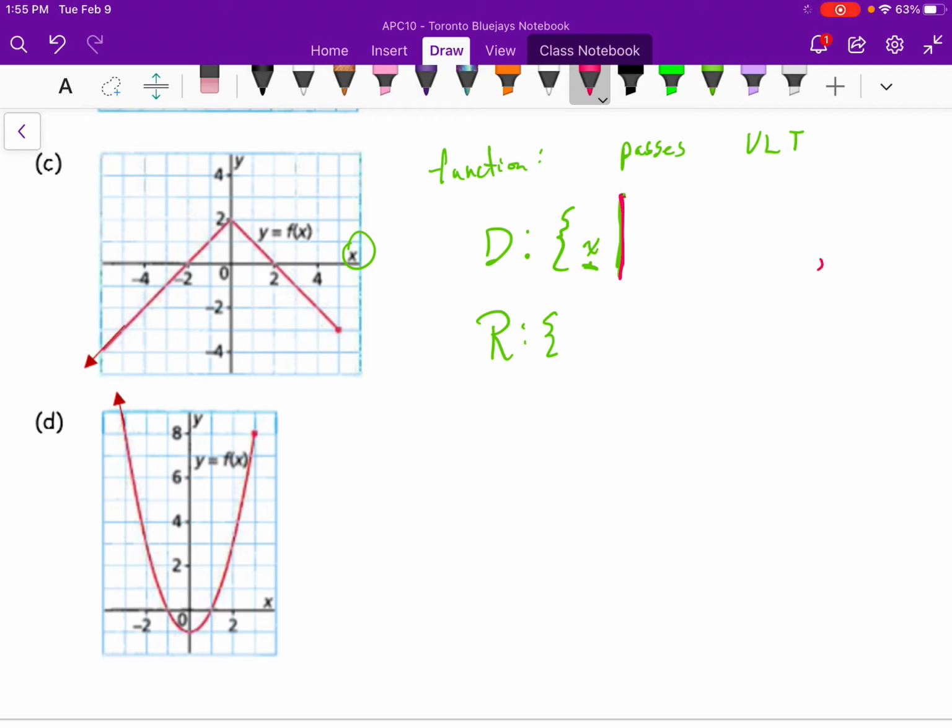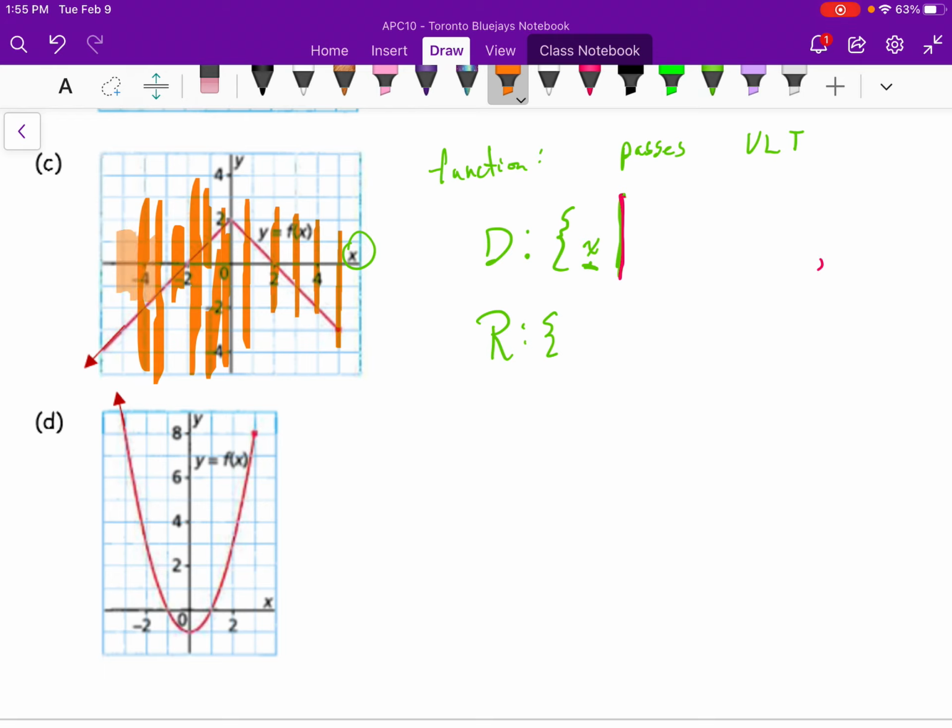All right, that's good. Now, what is the domain? What are all the possible x values? Well, all the possible x values, if you take a look, my graph has an x value here at 5. And then it has it at 4, at 3, at 2, 1, at 0, -1, -2. And in fact, at all points in between.